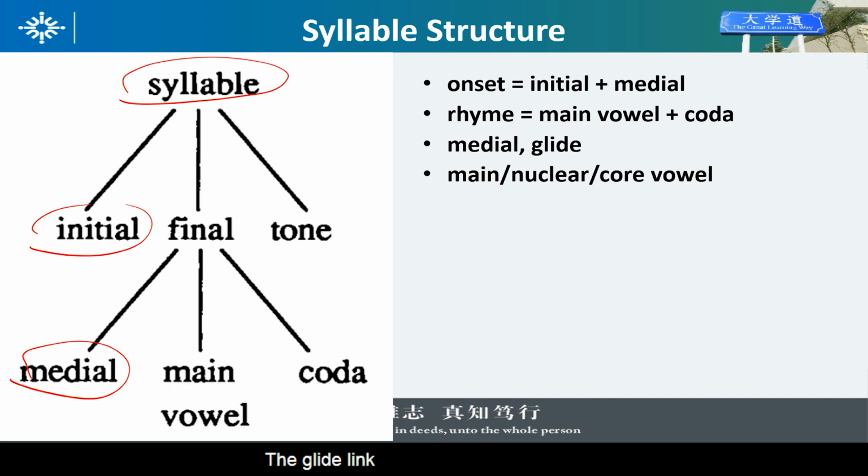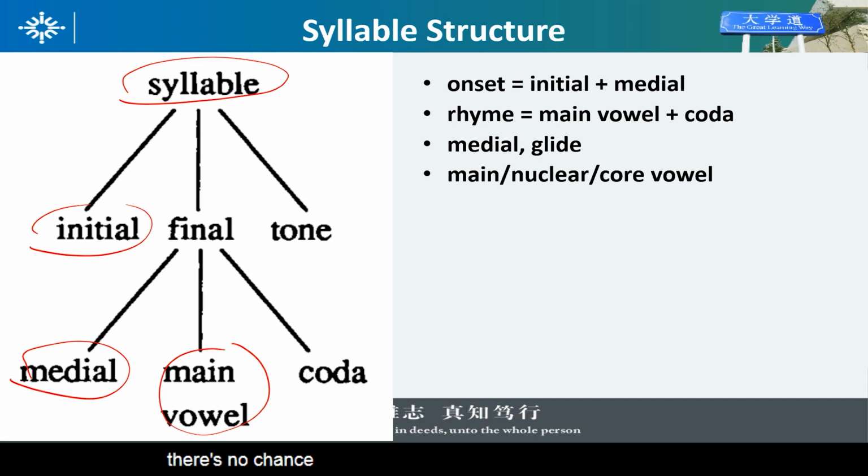The glide links the initial consonant and the vowel. There are usually 3 glides or medials in the Chinese language. I will introduce it in detail later. And then we have the main vowel, or you can say nuclear vowel or core vowel. They refer to the major part, the very central part of a syllable.